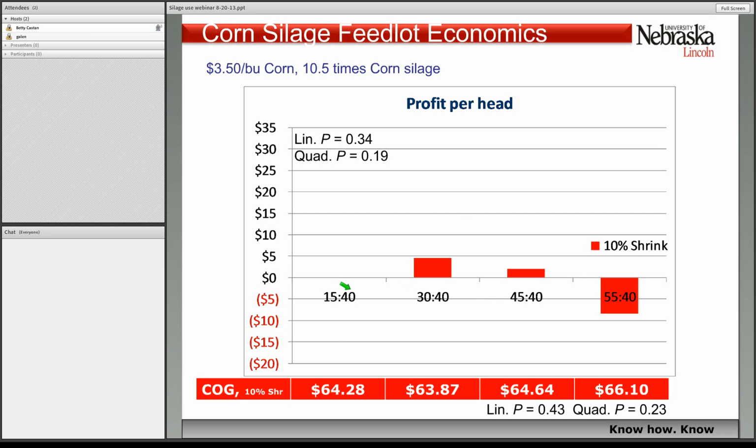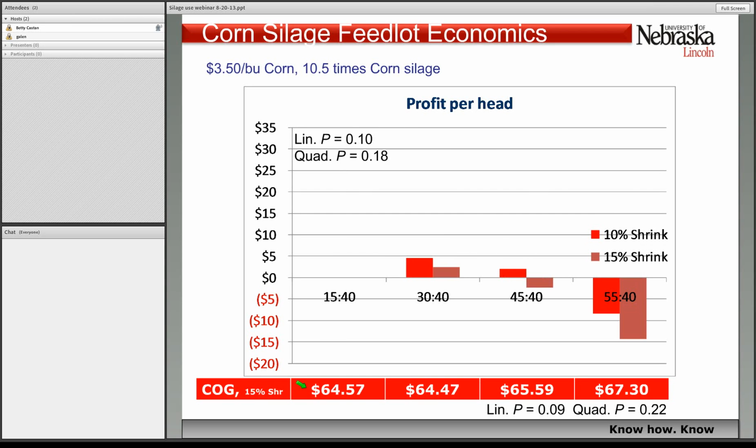So it's the same diets that I was presenting before that all have 40% modified distillers. And this is with 10% shrink. So you can see that the profit's slightly higher at 30% silage, and then it drops off at 45 and is actually negative at 55. Again, that's with 10% shrink, and the cost of gains are provided there.